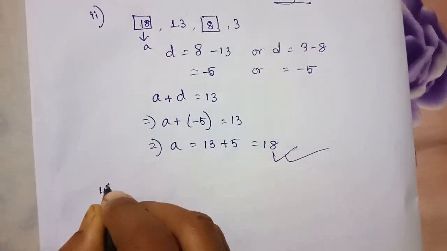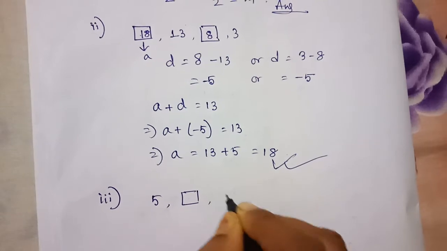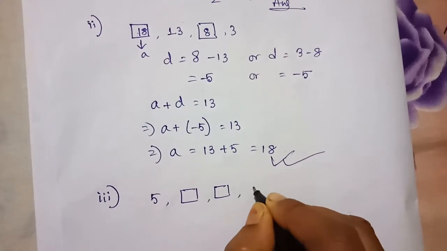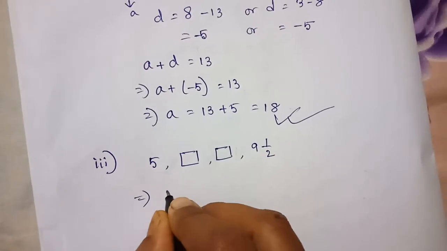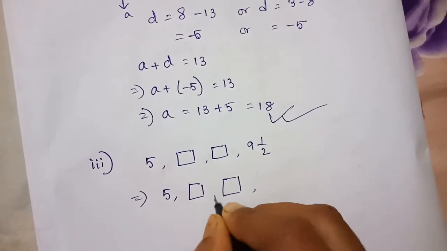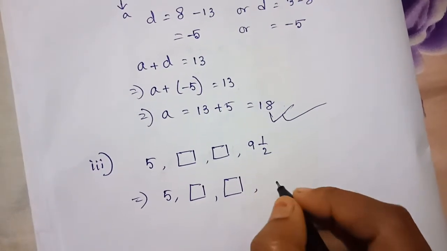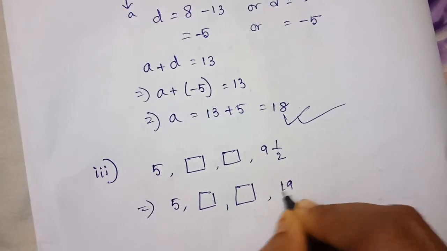Similarly, question number 3. It is given as 5, then 2 consecutive blank boxes, and then 9.5. First I am writing 5, blank boxes, and then 9.5 I am writing as a mixed fraction. 9 twos are 18, 19 by 2.